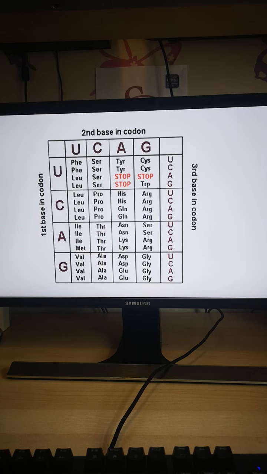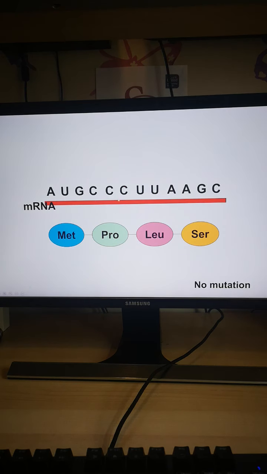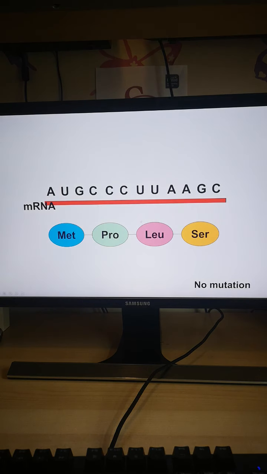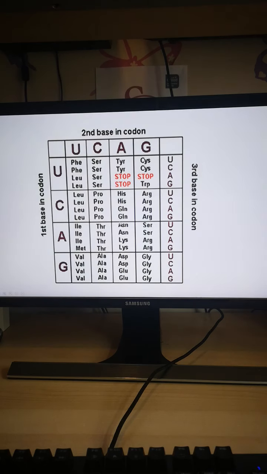Okay, so thinking about CCC, where would our CCC be? So C, C, and then going to there, C, and then we've got UUA, so UUA, well, there we go, and finally for our Ser we've got AGC.